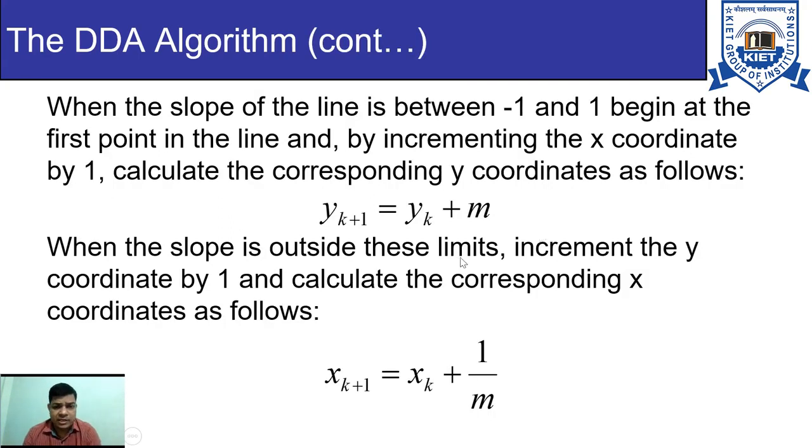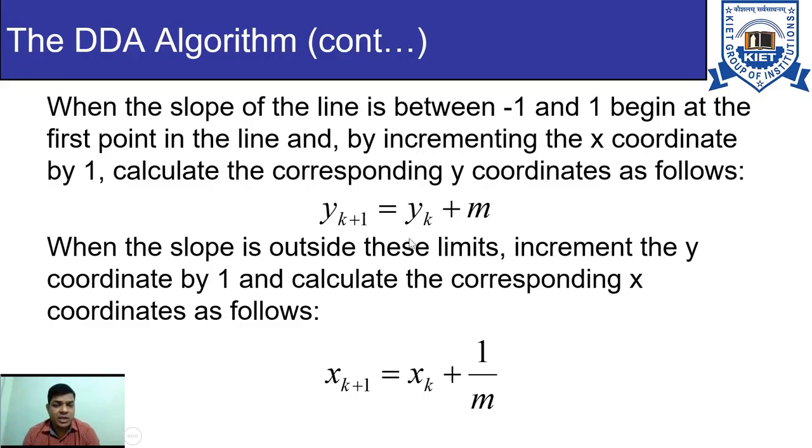So here is the simple concept. When the slope of a line is between -1 and 1, beginning at the first point in the line, increment the x coordinate by 1 and calculate the corresponding y coordinate as follows.